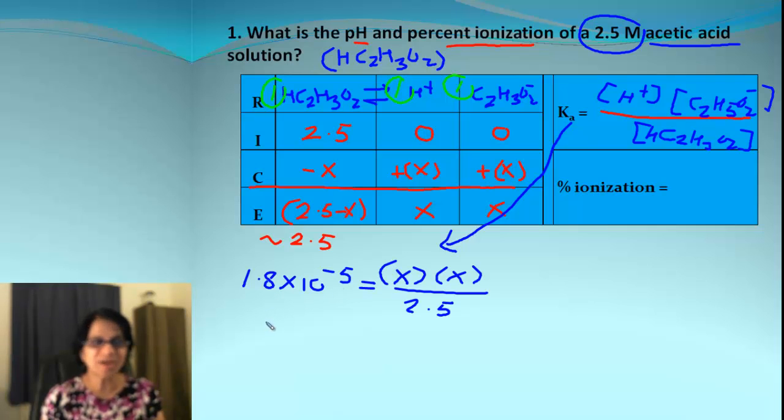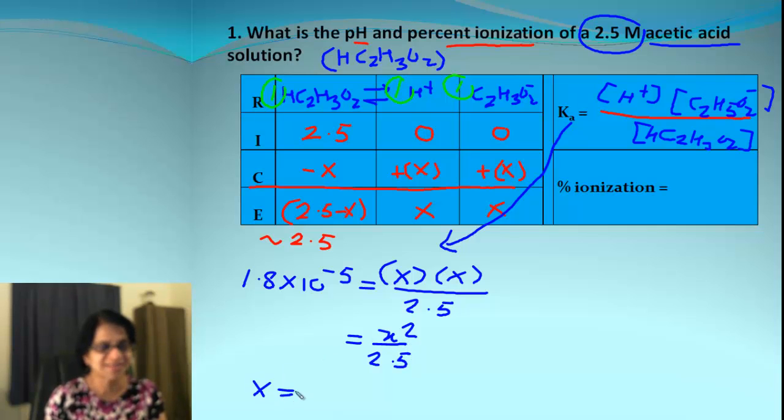We get this equation. That's the value of Ka for the acid. X and X are the concentrations for each of the ions respectively, and 2.5 is the concentration for the acid. So this is simply X squared divided by 2.5, and when we solve for X, what do we get? We get the answer 0.0067.